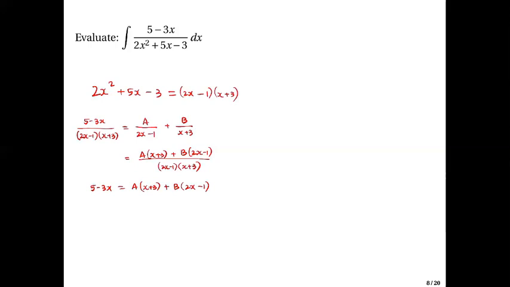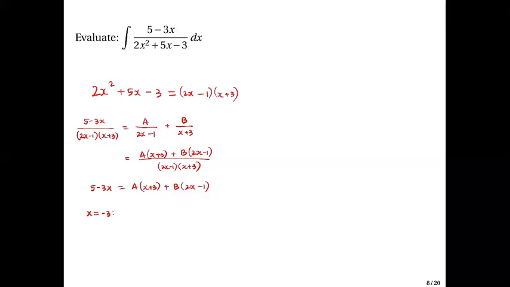We choose x so that one of them disappears, the term containing the A or the B disappears. So if we let x equals -3, this guy here will be 0. So we will only have the B part here.